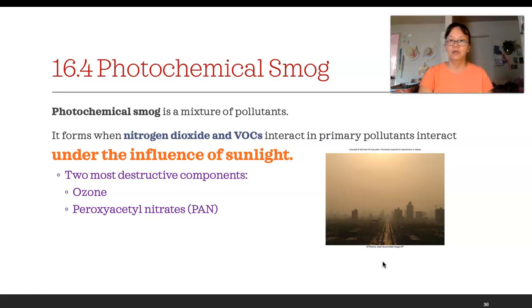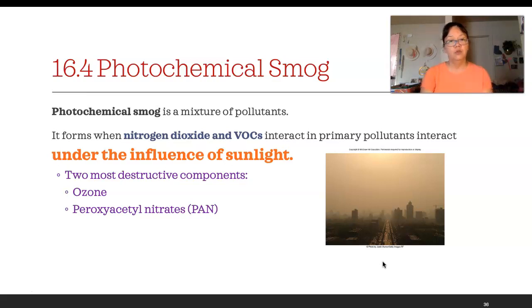One, it has a bunch of ingredients in the pot, right? You have to have something to cook, and those ingredients are the primary pollutants. And then you need high temperature. You need sunshine. That's why it's called photochemical smog. It has something to do with sunshine.